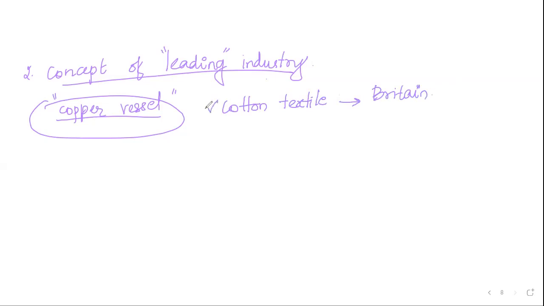Yes or no? Similarly, iron and steel plant has been one of the leading sectors for industries to develop during the 1950s, 60s, 5-year plans of India.